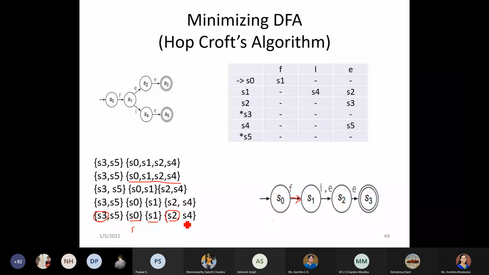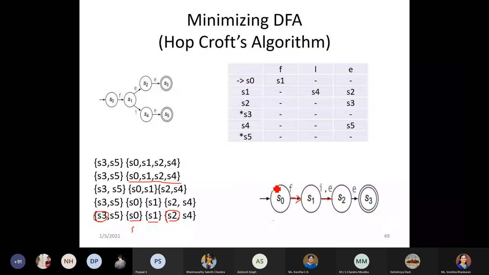So with respect to I or E, we reach S2. From the S2 state, with respect to the E transition, we have S3. S3 and S5 are combined together and renamed as S3.